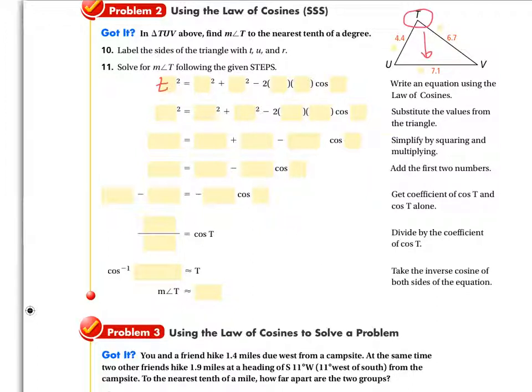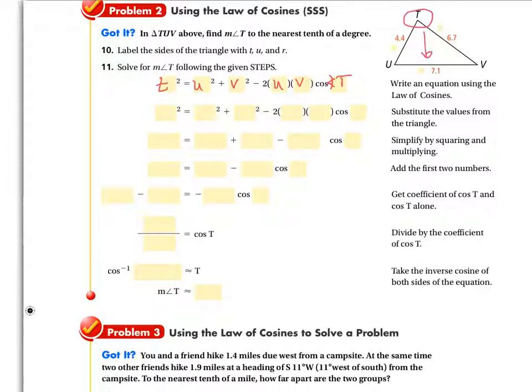U and V. So we've got U squared, V squared, minus 2UV times the cosine of what angle? Angle T, capital T, because my side length is T squared. So we're obviously going to have to solve this equation for the cosine of T, but that's okay.